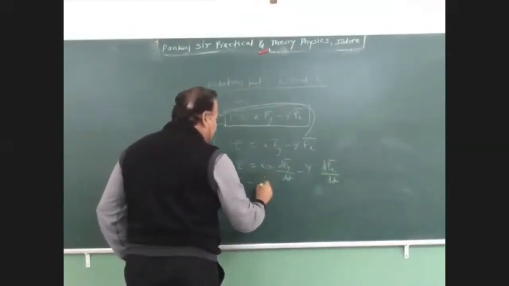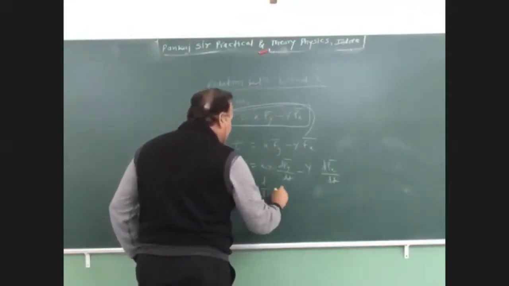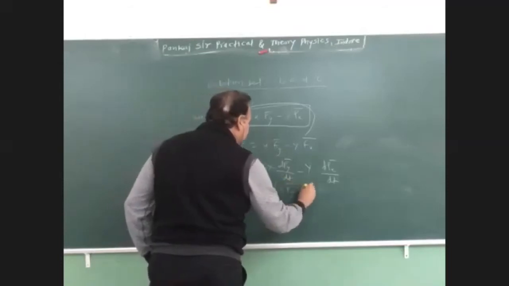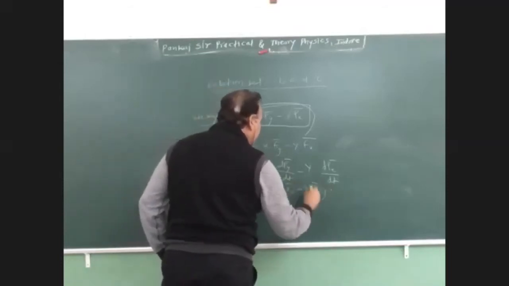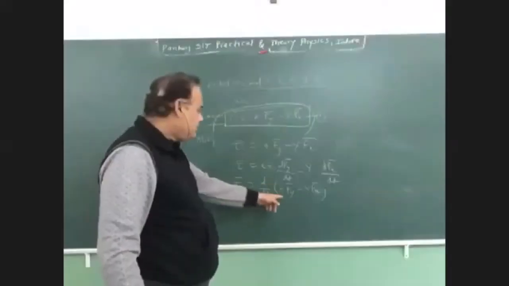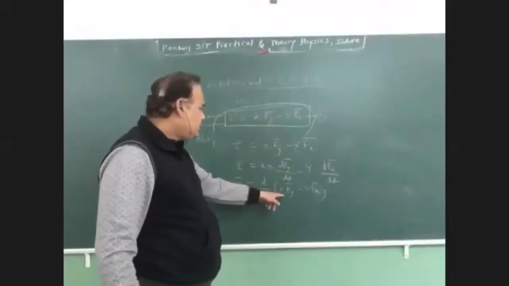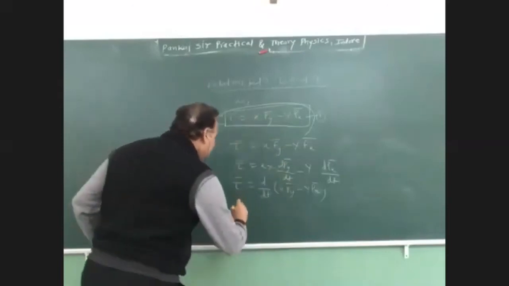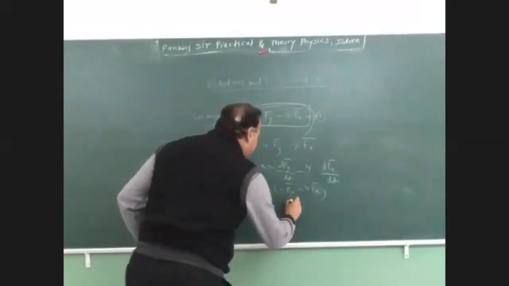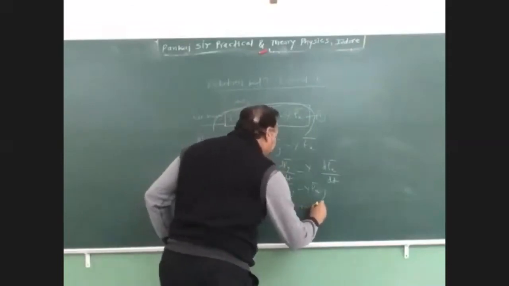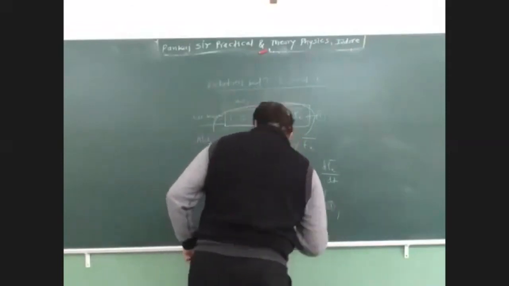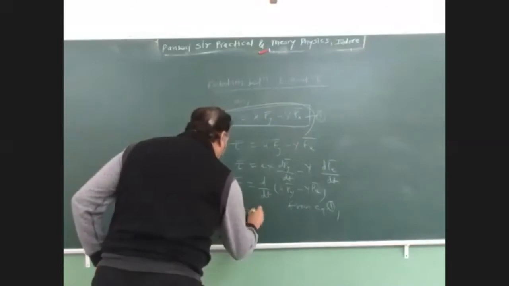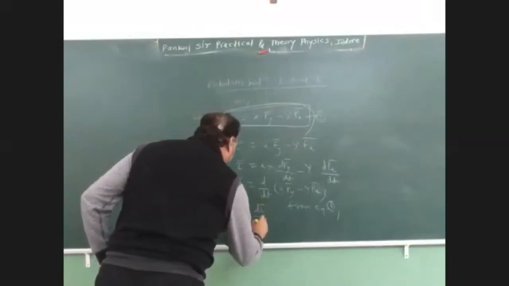So look, dy by dt taken out. So this is x py minus y px. This is equation number 1, and from here it is clear that in place of x py minus y px we can write L. So from equation 1, tau is equal to dL by dt.